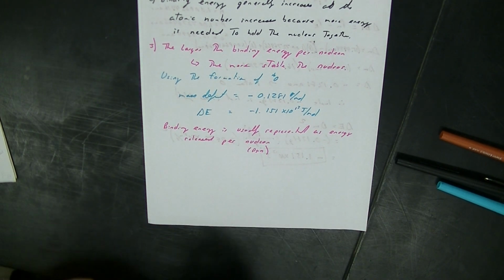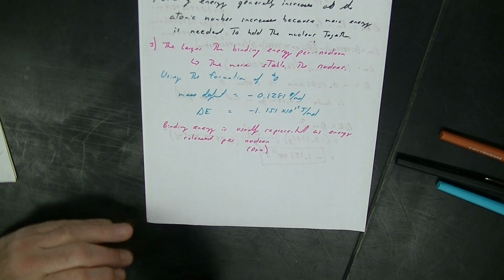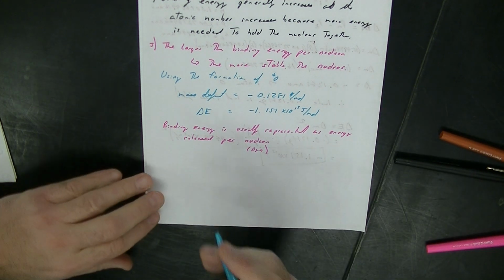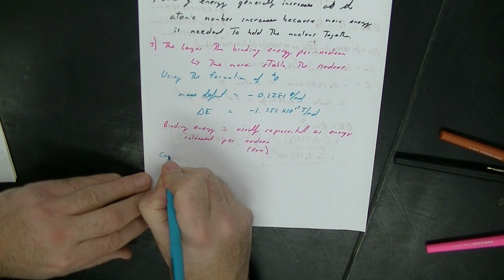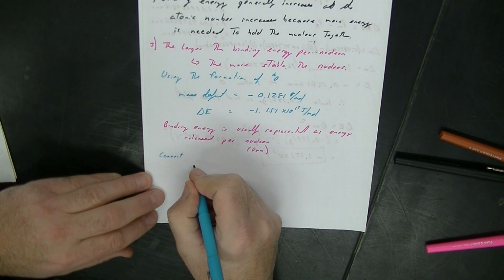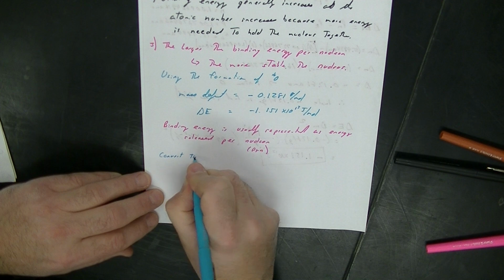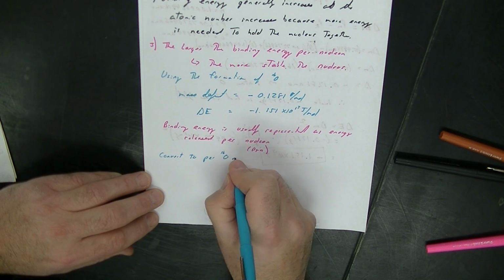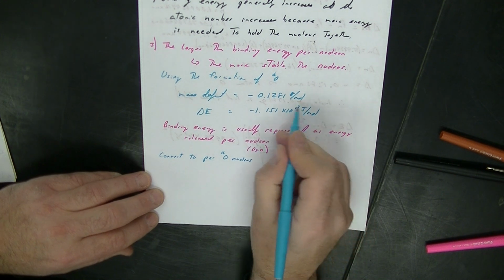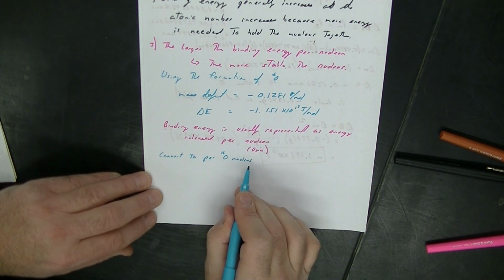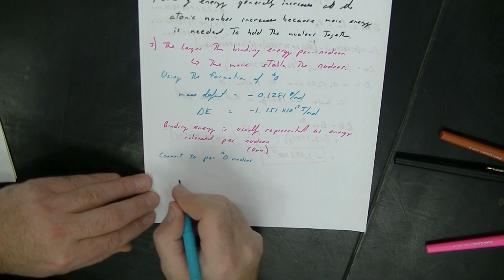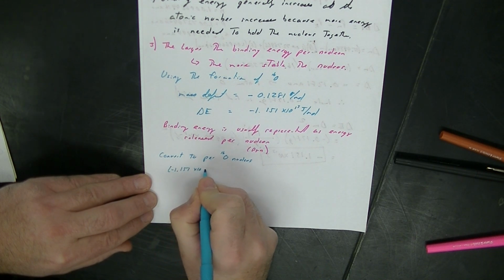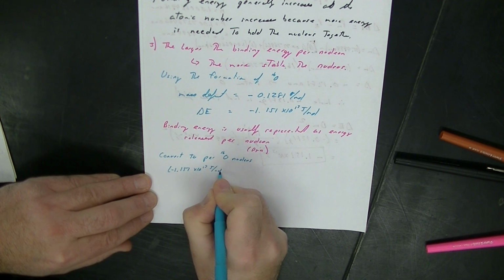Well, so we need to do some conversions here. First thing we're going to do is convert to per oxygen 16 nucleus, because this energy is per mole, so we need per nucleus to start with. So we're going to start with that energy of negative 1.151 times 10 to the 13th joules per mole.